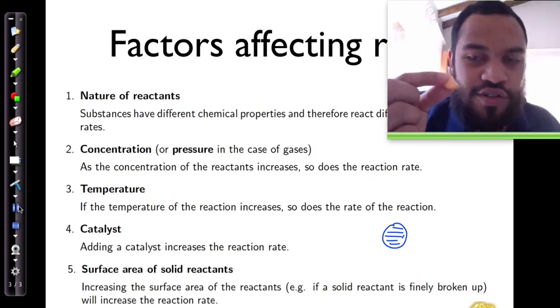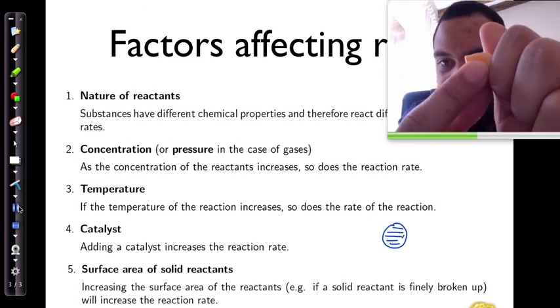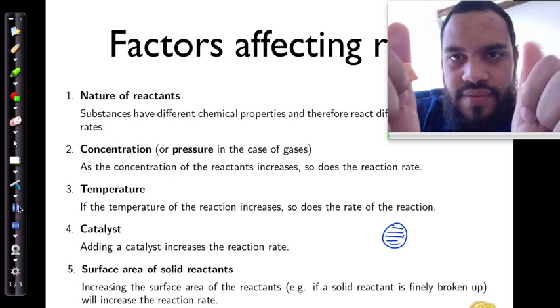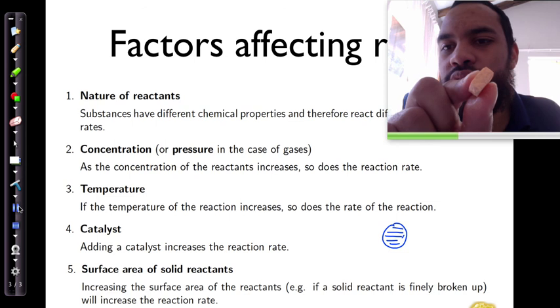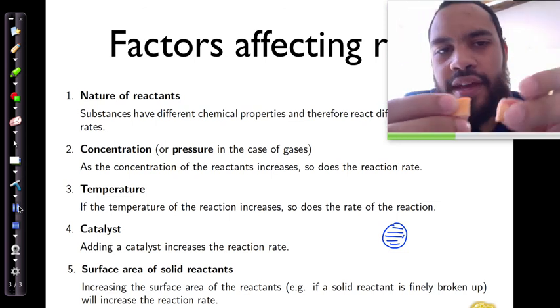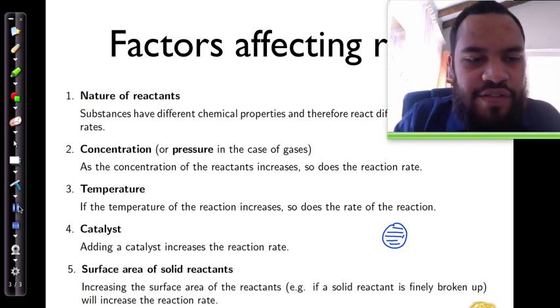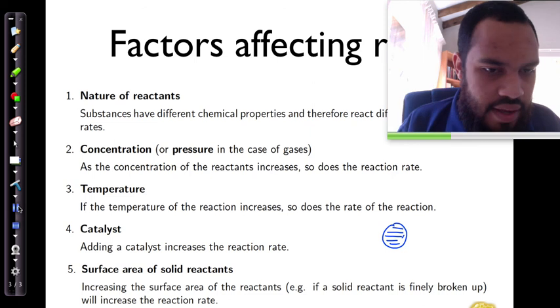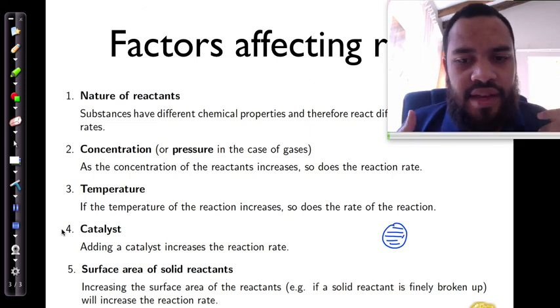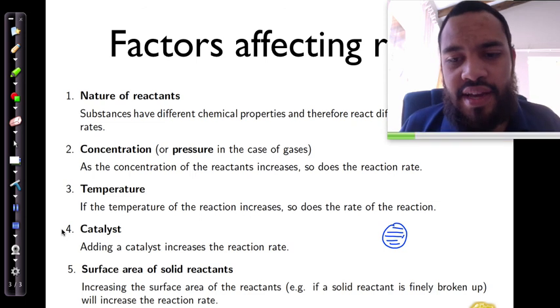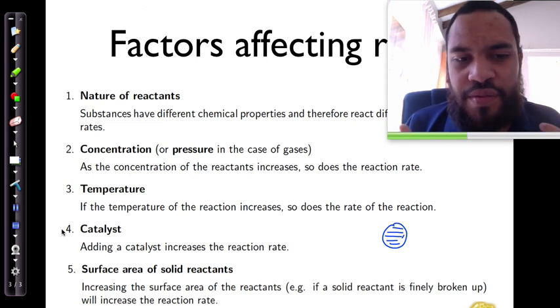If I continue to break it further, in the same time unit, this is also going to react with the water, that piece over there and that piece over there. So just remember, for the fifth factor that affects the rate of reaction, if I increase the surface area of a solid, it will increase the rate of the reaction.